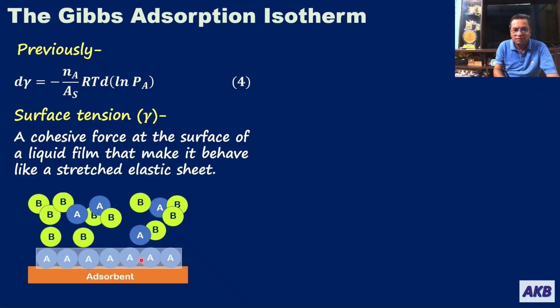So for liquid films at the surface, you have a cohesive force that makes the liquid film behave like a stretched elastic sheet, and that cohesive force is nothing but surface tension, gamma.